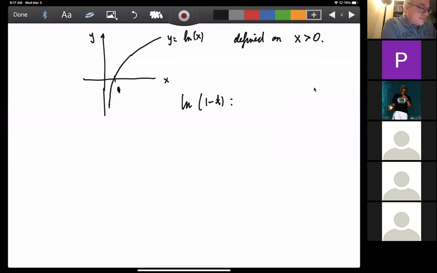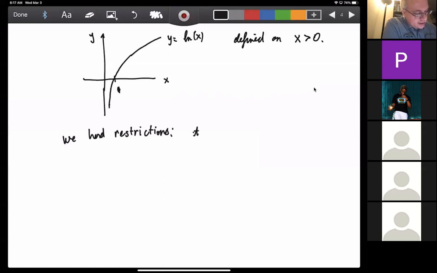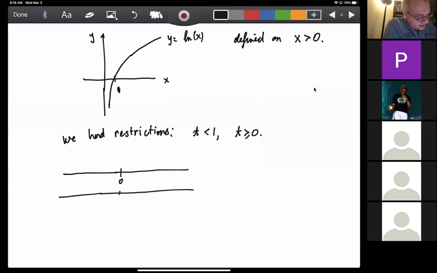All right, so we had the restrictions. T was less than 1, t is bigger than or equal to 0. If you have trouble thinking about how to combine restrictions like this, you can sort of set this up graphically and think about it that way.